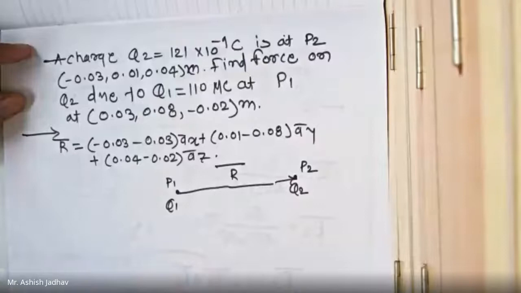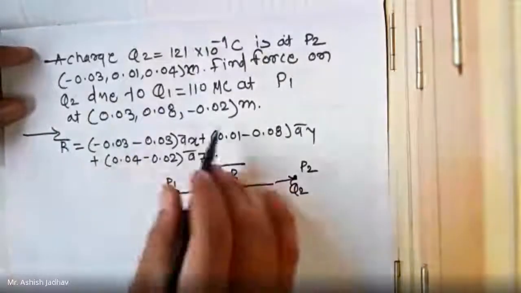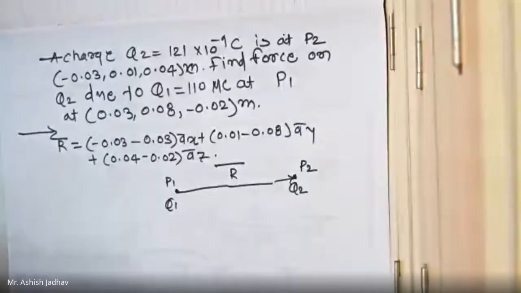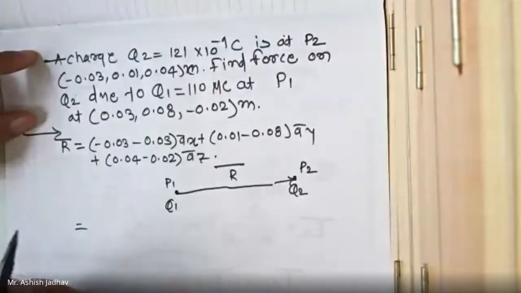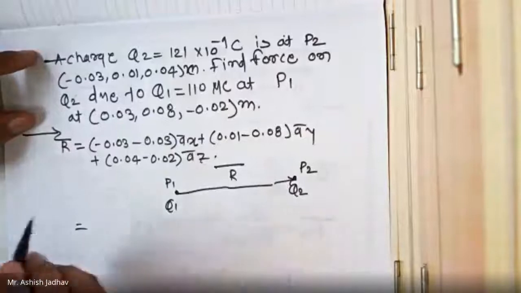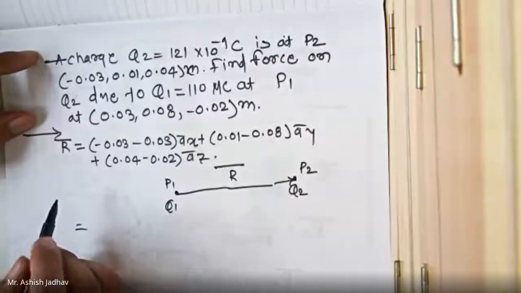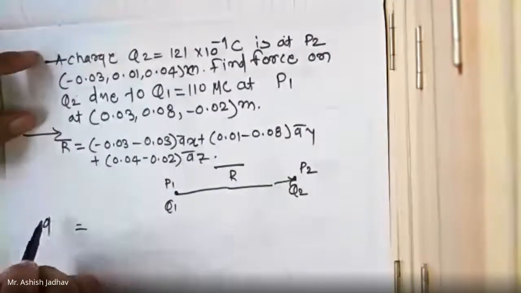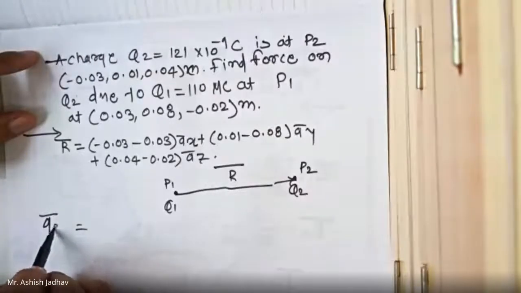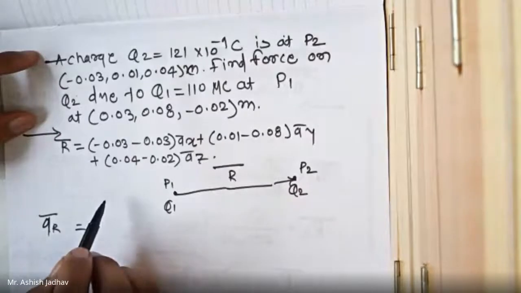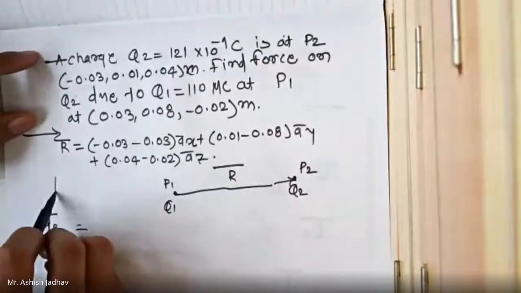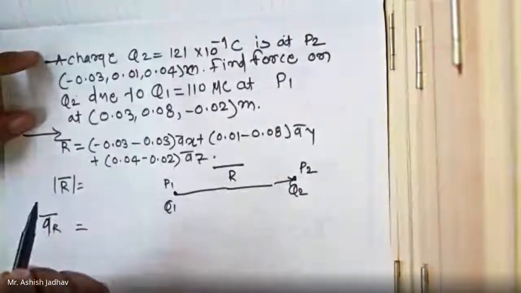Now, if you calculate this, you will get some values like this. Unit vector A bar R is equal to, of course, if you calculate this mod of R bar, I am giving you the answer.